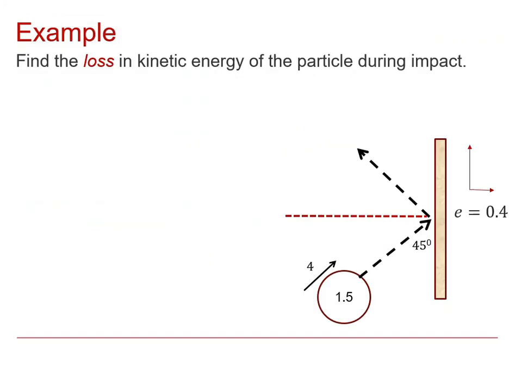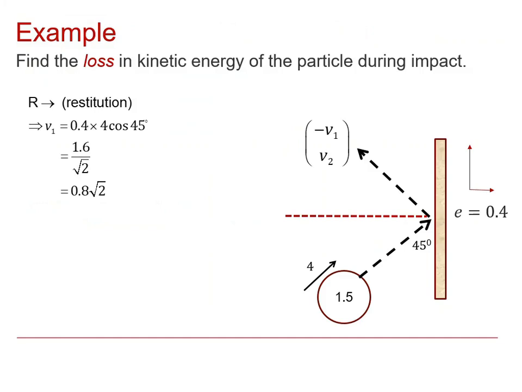So here we are, an example shown in this picture. A 4 kilogram mass is incident with a velocity of 1.5 meters per second, is incident with a smooth wall, a plane wall, and there's the picture which shows the setup. We'll need to bring in an expression for the velocity afterwards. Then we use restitution perpendicular to the wall.